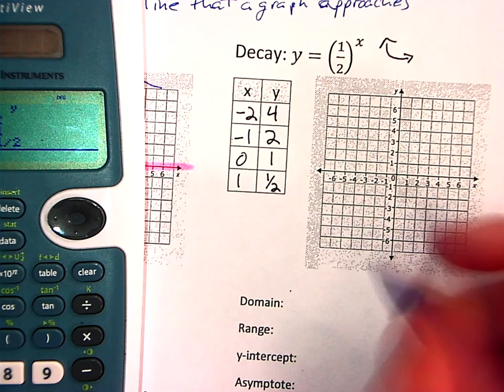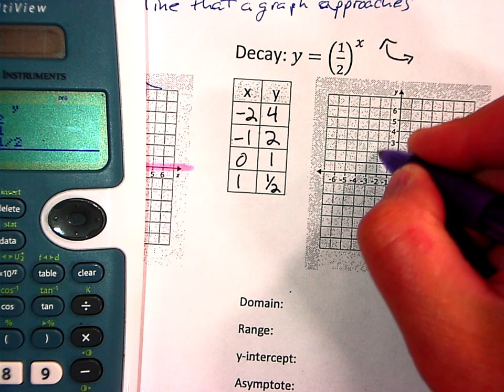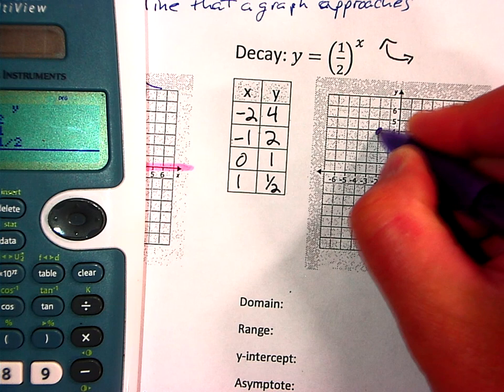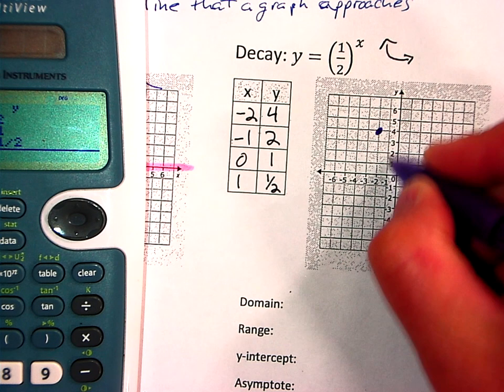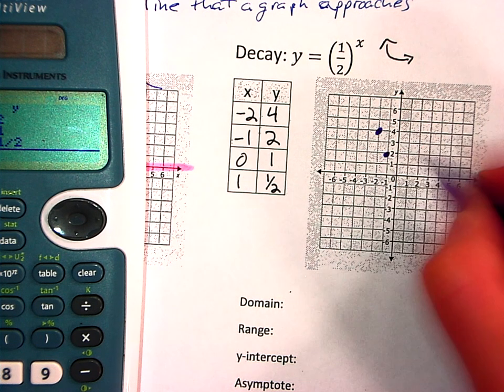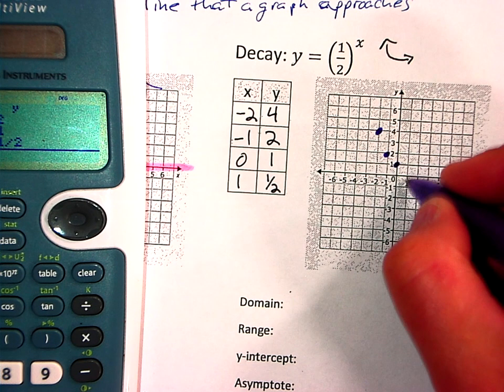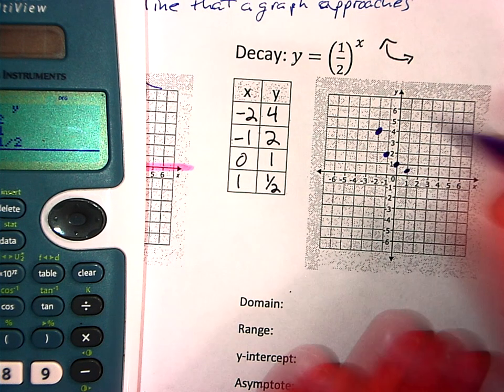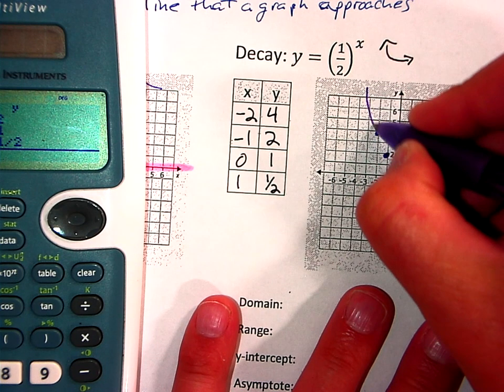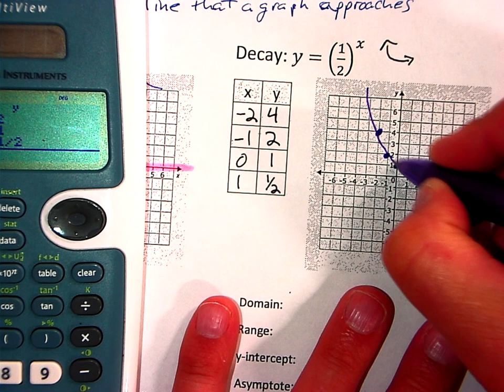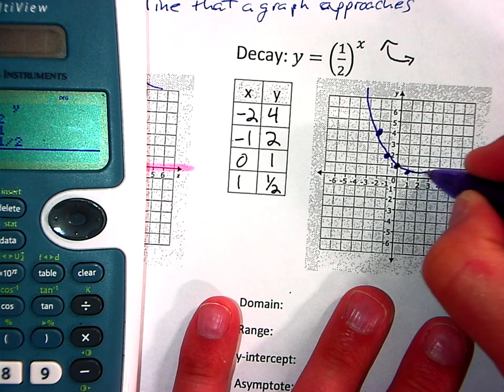Back to up 4: 1, 2, 3, 4. Back 1, up 2. 0, 1. Over 1, up 1/2. So on this one, my asymptote is still going to be the x-axis.